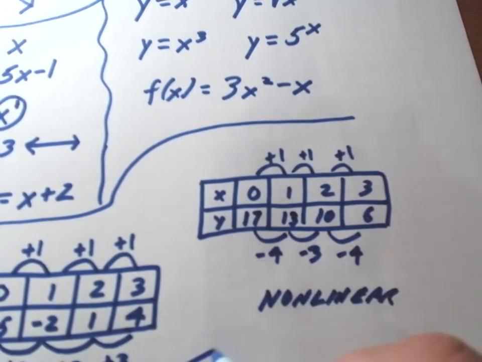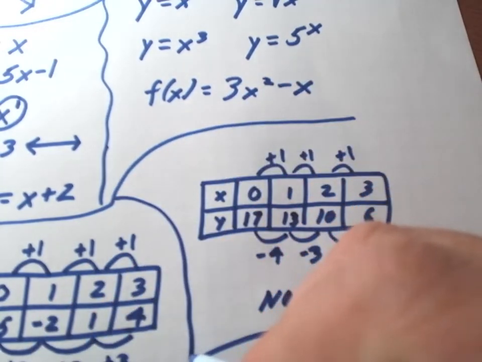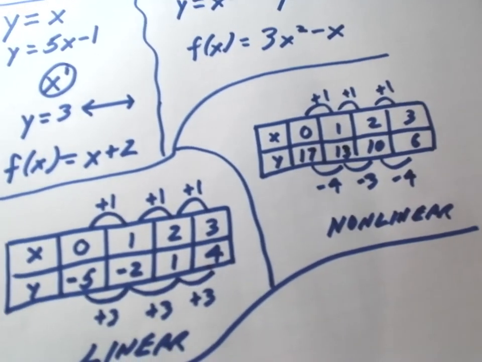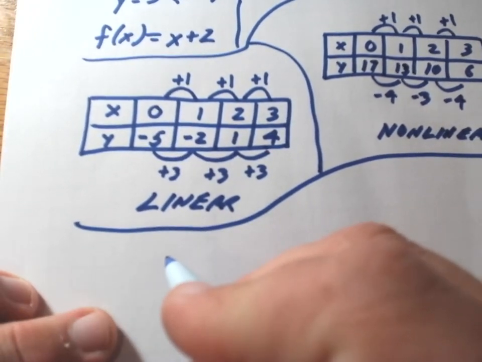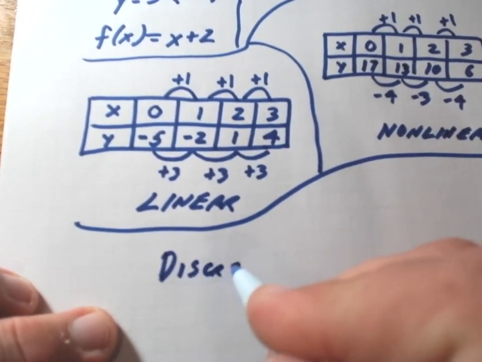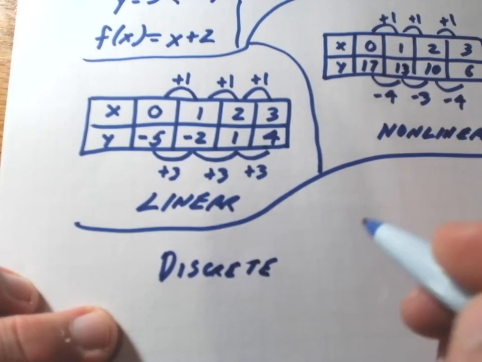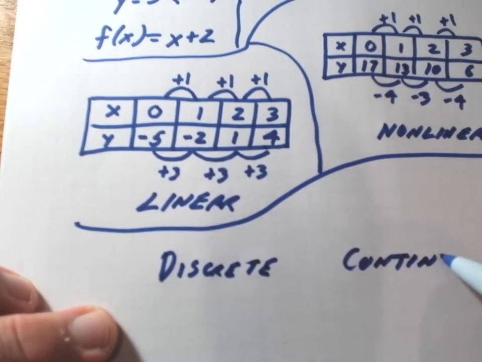So in closing, sometimes we can have what's known as different domains. And by different domains, we can say that we have a discrete domain and we have a continuous domain.